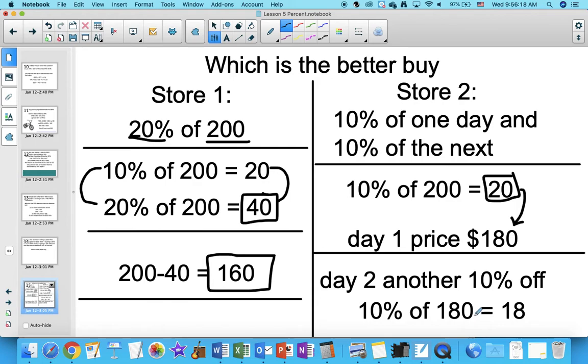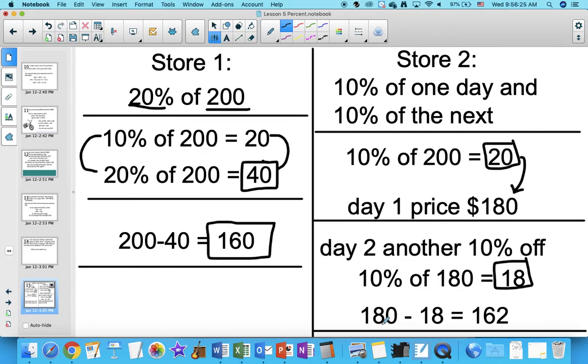We're taking 10% of the new price, which is 180, which is 18. So 180 minus 18 is 162. And so in this case, Store 2 still costs a little bit more. Stores do this all the time to make it seem like Store 2 is also doing 20%, but they're really not.